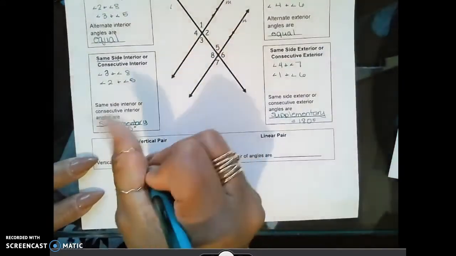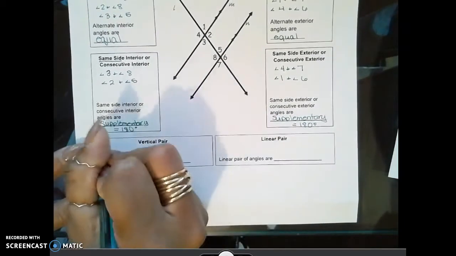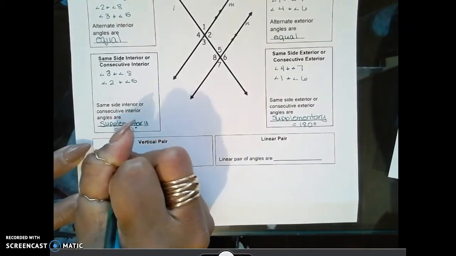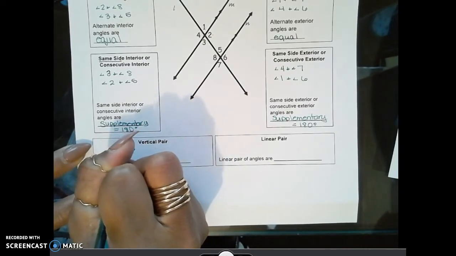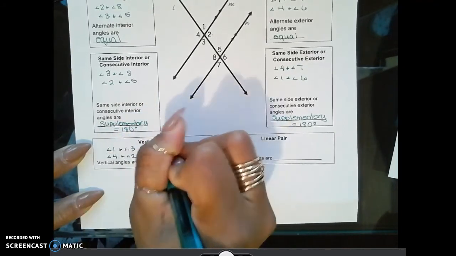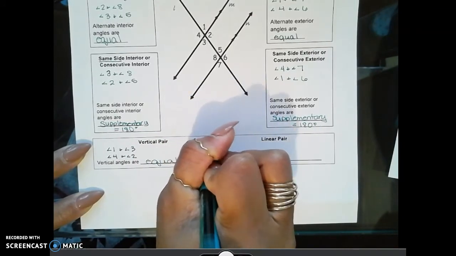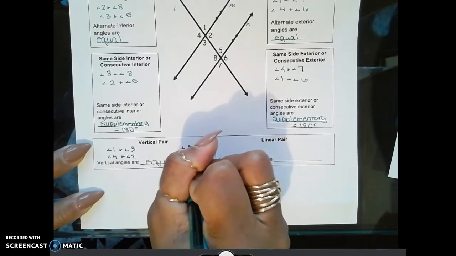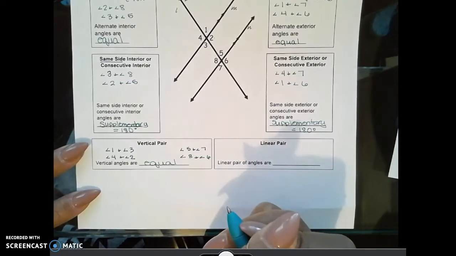Angle 5, angle 7, angle 8, angle 6, they're opposite rays, and those angles again are equal. So angle 1 and angle 3, angle 4 and angle 2. We also have angle 5 and angle 7, and angle 8 and angle 6. Those are vertical pairs.